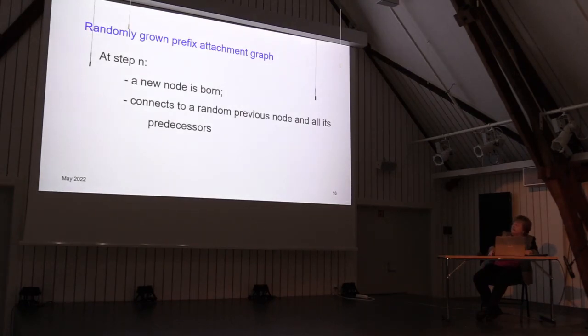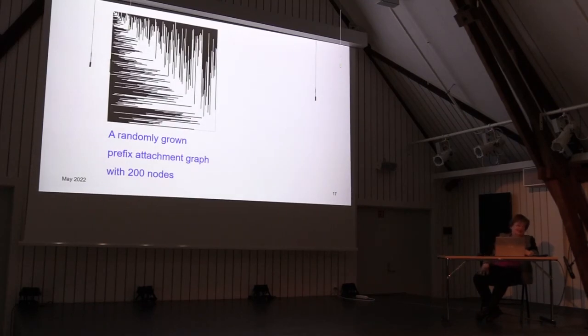Now, another very nice example. At step n, a new node is born, and we connect it to every previous node and all its predecessors. We will get this very nice, smooth function as the limit. And the question is, what can be the limit of this picture?